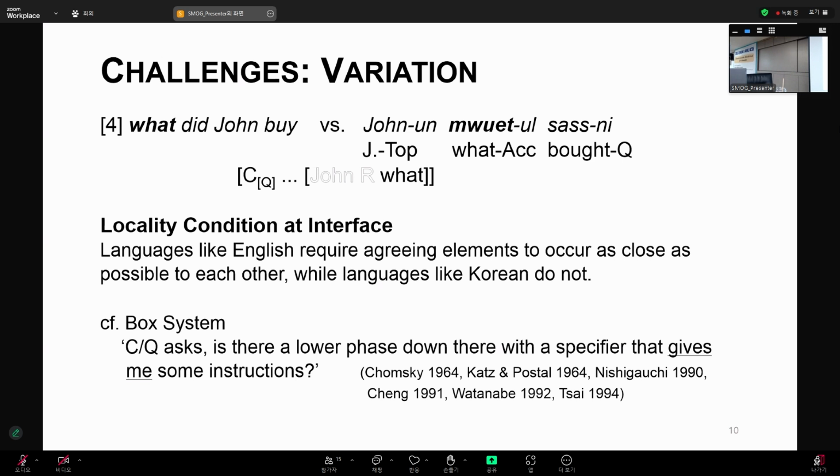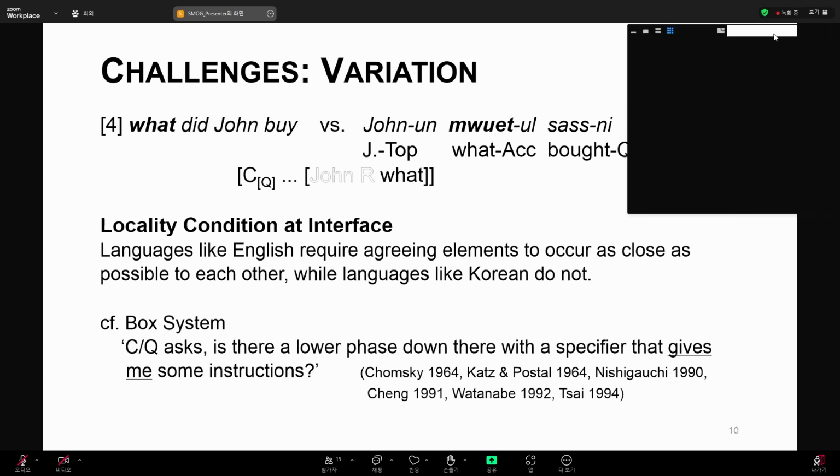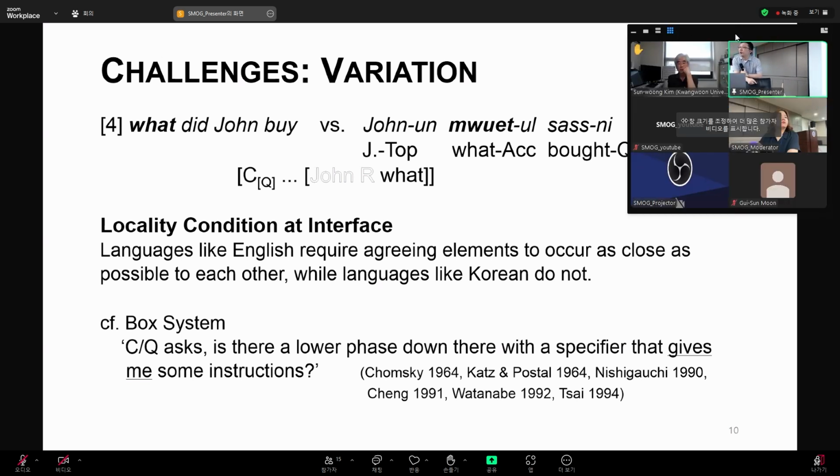So with this kind of locality condition working for languages like English, John must occur as adjacent as possible to T. That's my basic idea. So you don't really move anything; T agrees with John down below, and the John is realized.